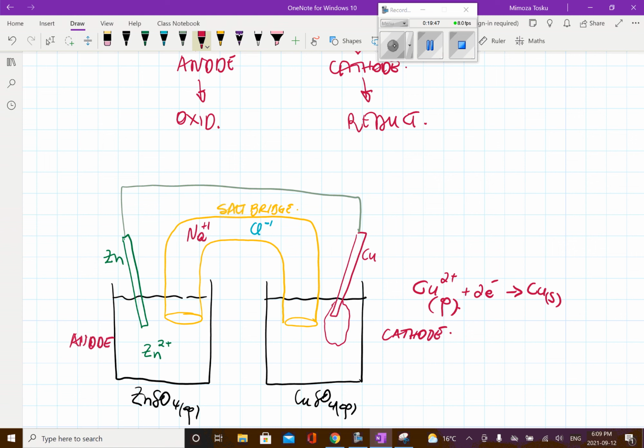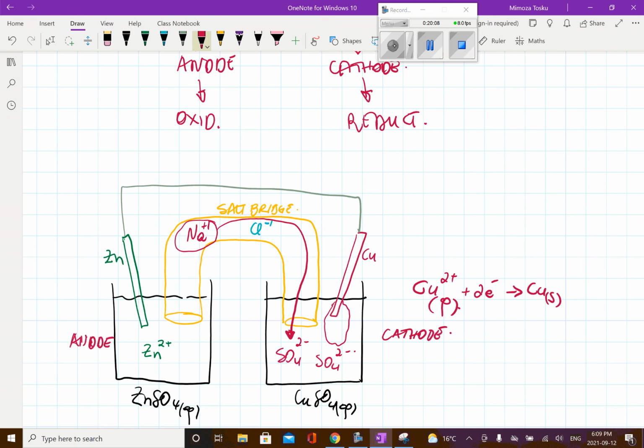So the positive charges are missing here, and what we have here is a lot of SO4 2 minus. So the sodium ions move toward the cathode.